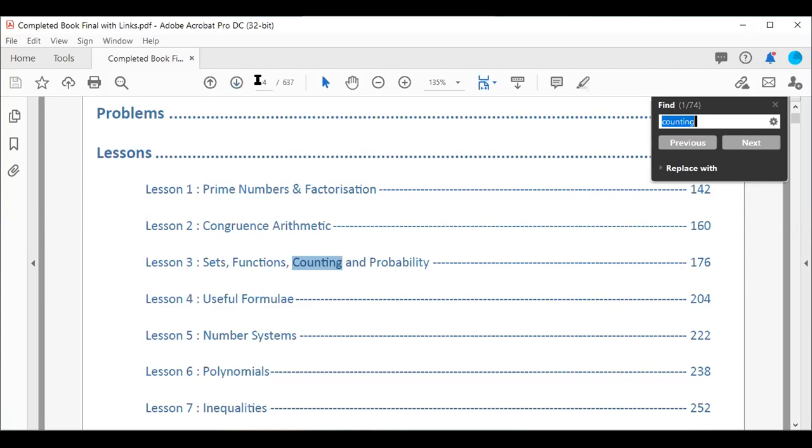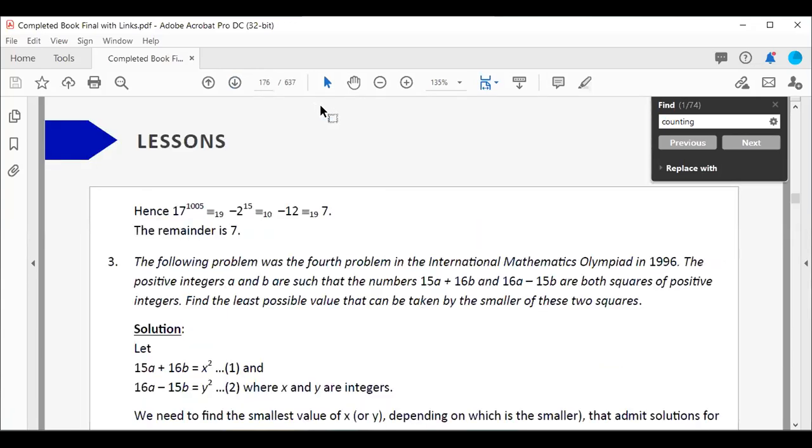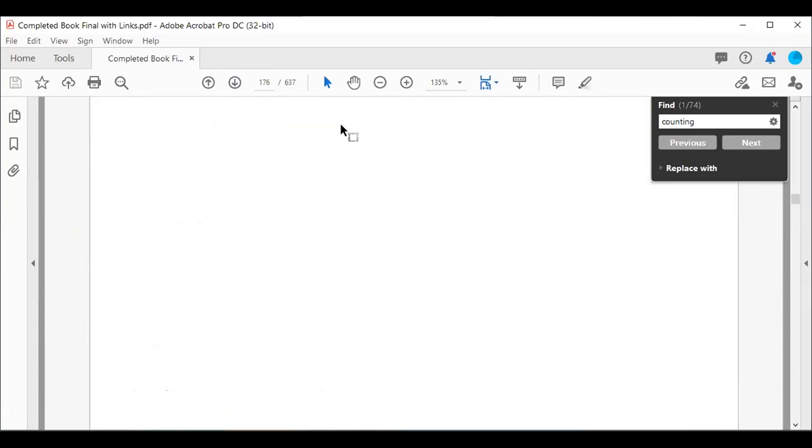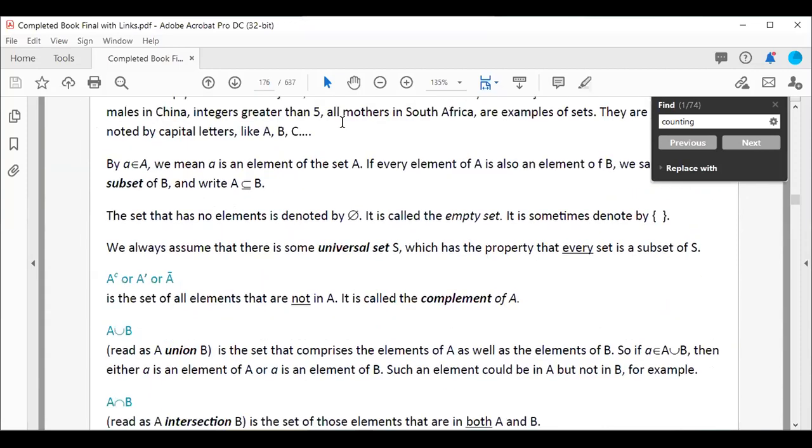There are 637 pages in this book, guys. So I'll put 176 there and press enter. There it is.